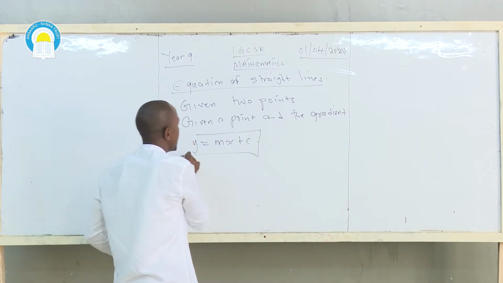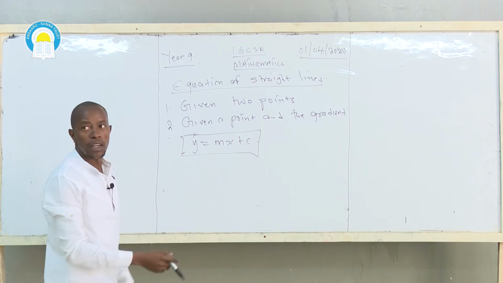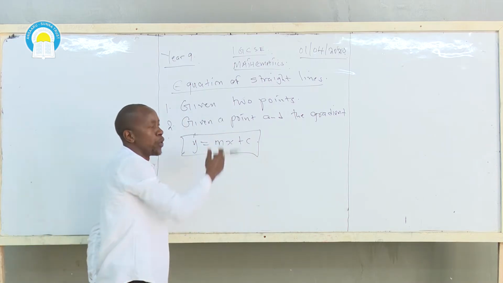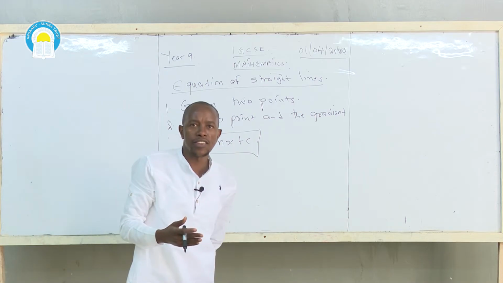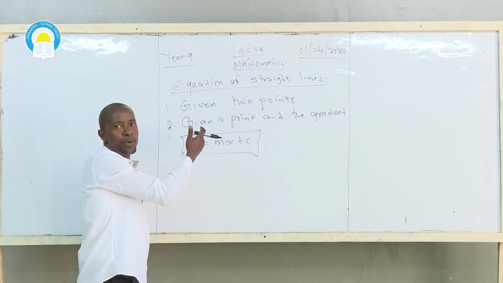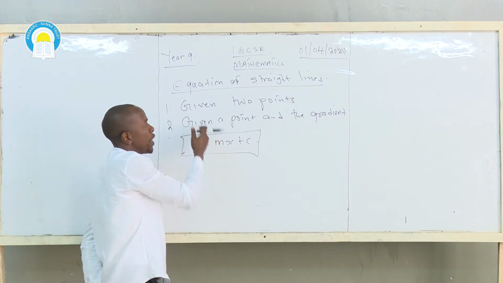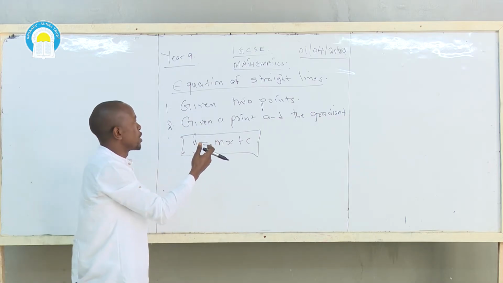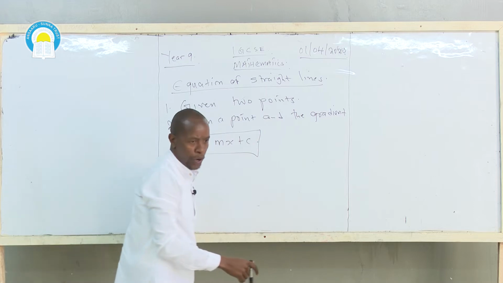Number one, given 2 points, which I explained in the last class. We worked out examples and questions on how to find equations of straight lines given 2 points.